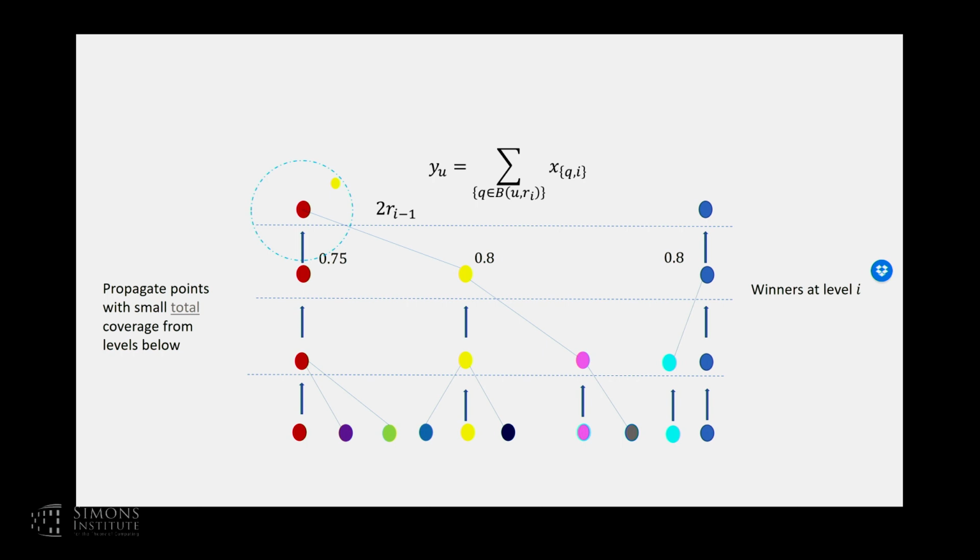So these points which are within radius Ri are disjoint for the red guy and the blue guy. And therefore, if I sum the Yi's, it's as if I'm summing the XQi's, and there is no double counting. So the total Y mass on each level is at most Ki. Okay, so that's going to be one thing that's going to be important.